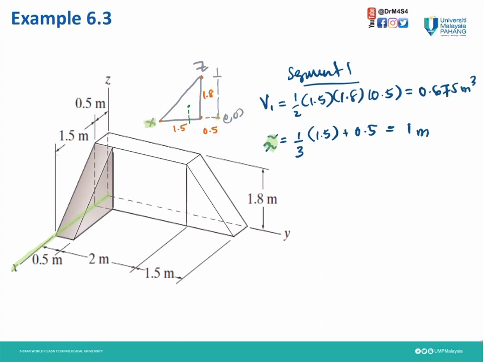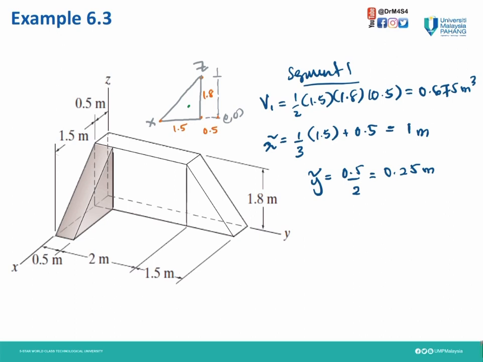Therefore, for a triangle, the centroid lies at 1/3 from here. That means 1/3 of the length of 1.5. Then we need to add another 0.5. So here is 0.5. That means the total X bar is 1 meter.